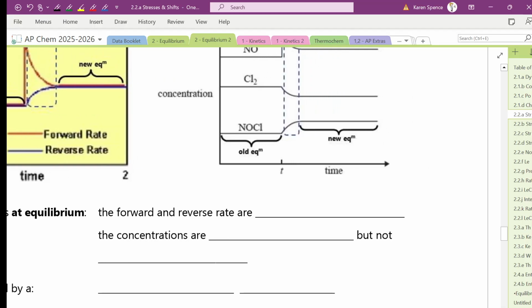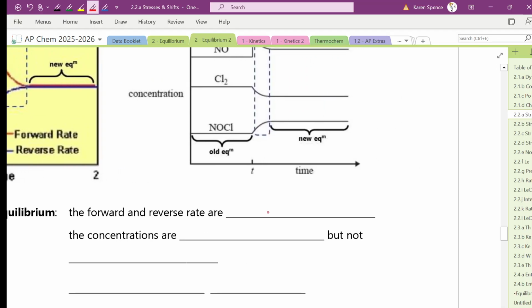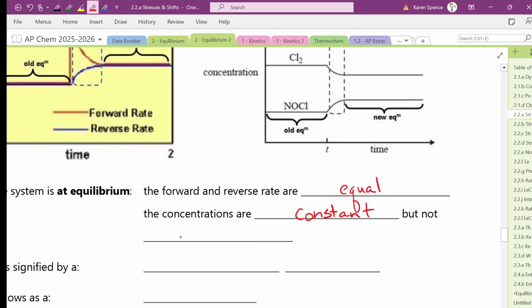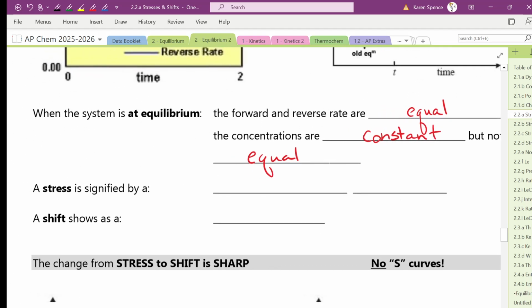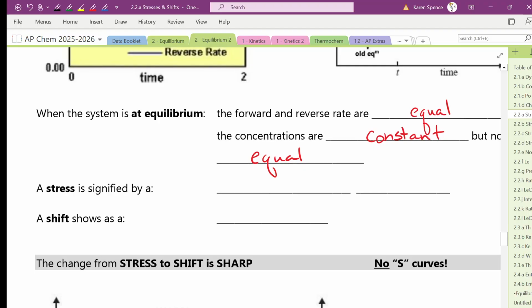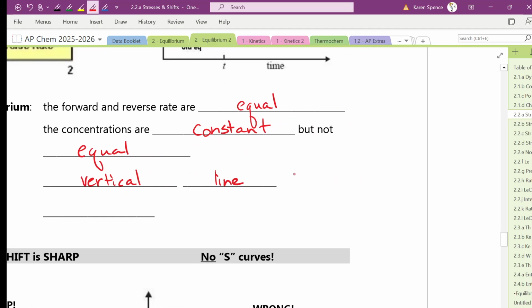When a system is at equilibrium, forward and reverse rates are equal. The concentrations are constant, but they are not equal. So products don't equal reactants. A stress in a diagram is signified by a vertical line, except for temperature in a concentration diagram.